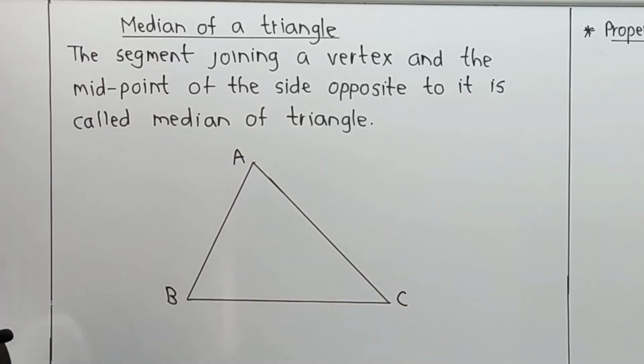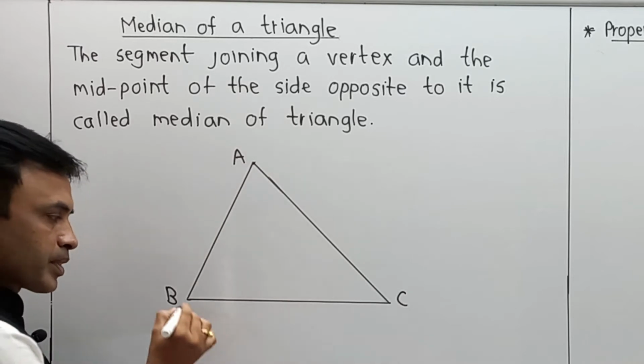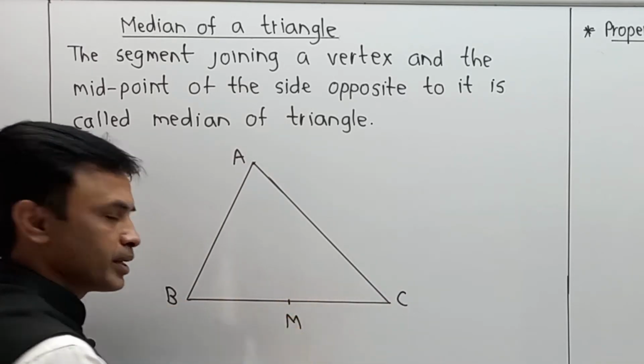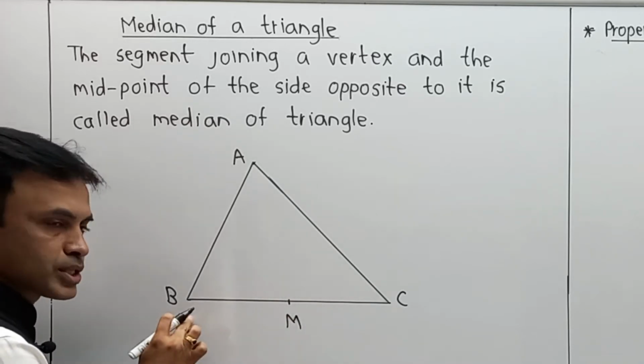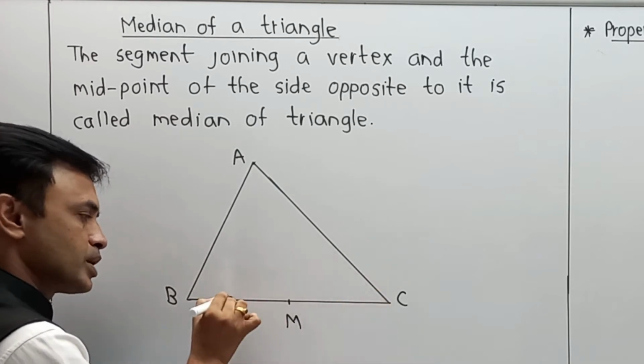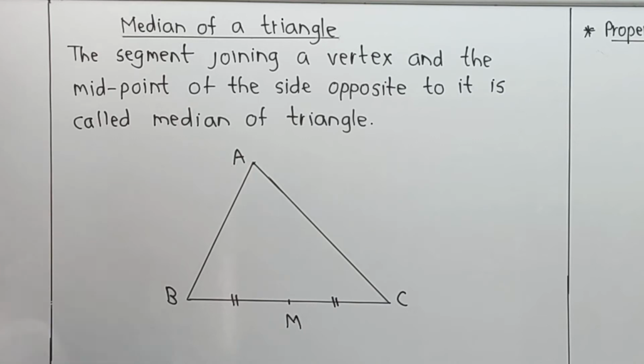This is any random general triangle, meaning there is no specification, and A is a vertex on the upper part and BC is one side, and I am going to take M as a midpoint. M is a midpoint, means BM equal to CM. So BM is equal to CM. These two sides become congruent, or M is the midpoint of BC over here.